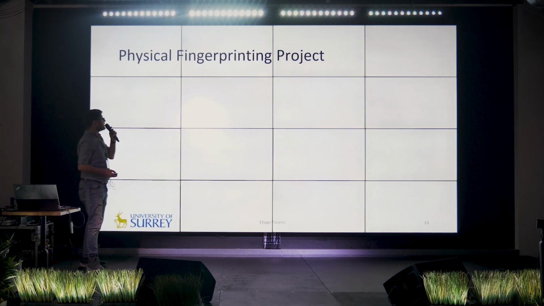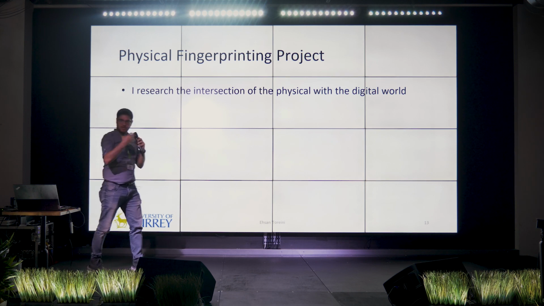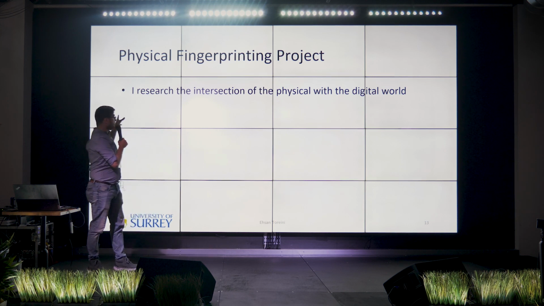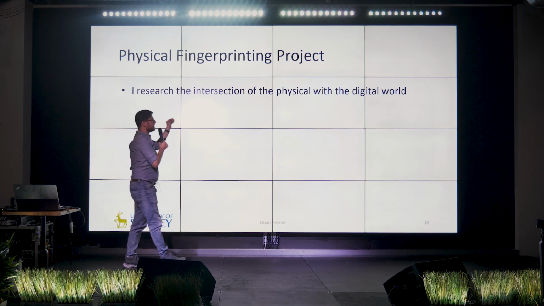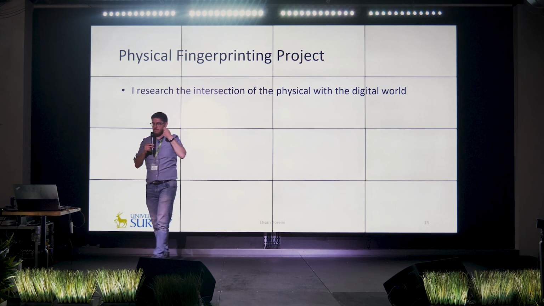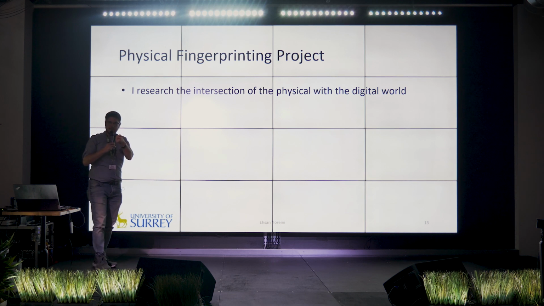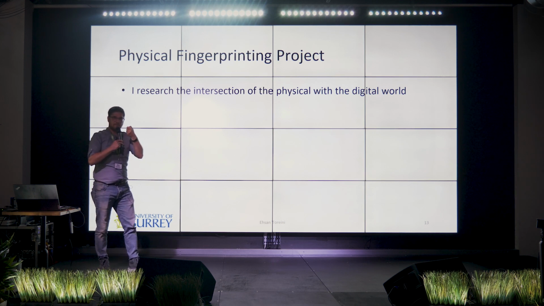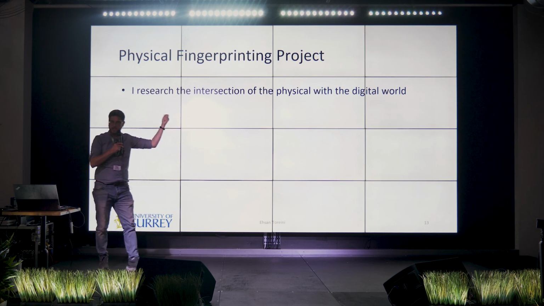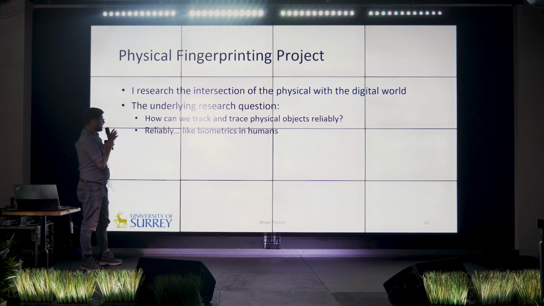Okay, so that was an introduction to what I am doing. My research is focused on the intersection of the physical and digital worlds. It basically means you have a physical object, but you want to digitalize its identity, and then make sure that the digital form of that physical object is genuine and authenticate it.